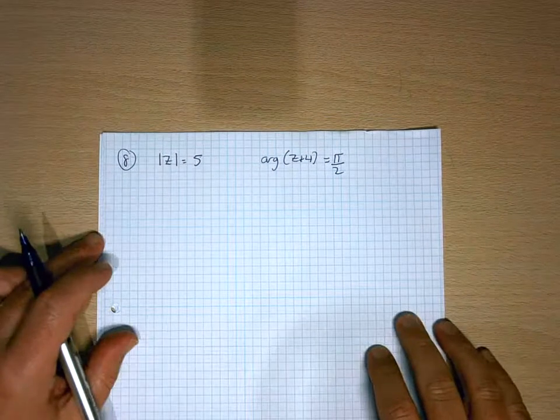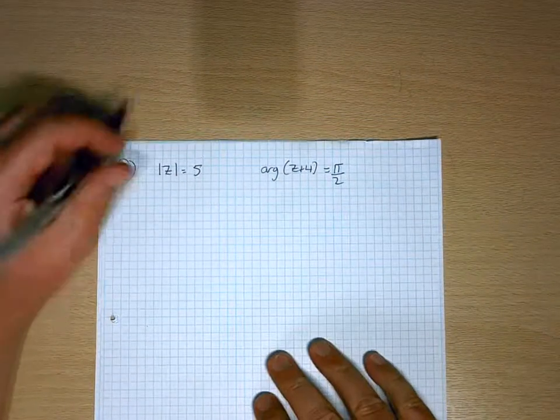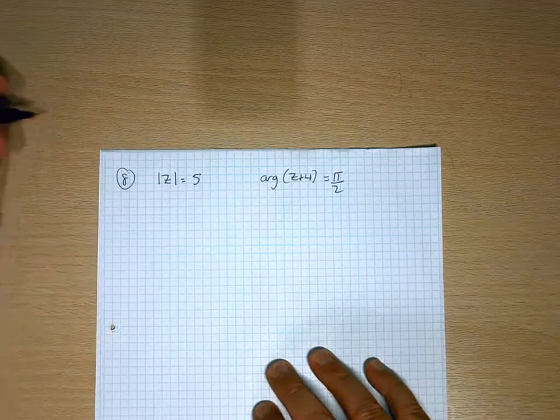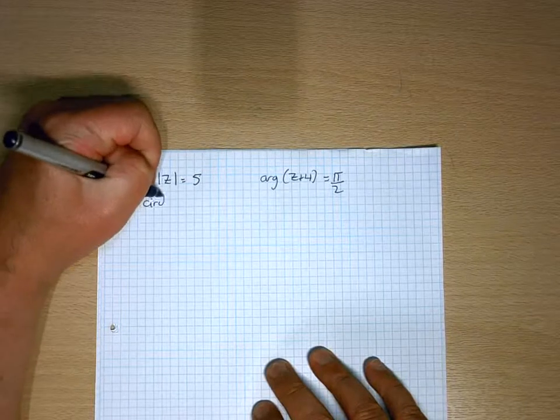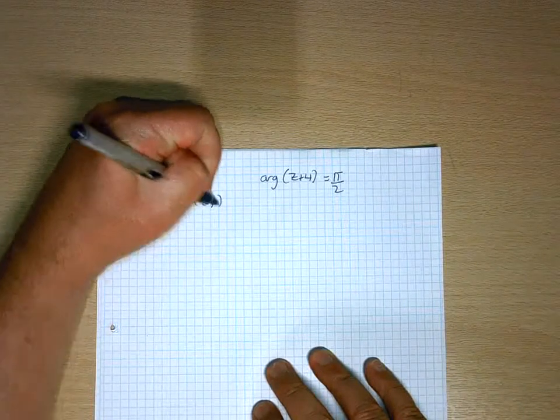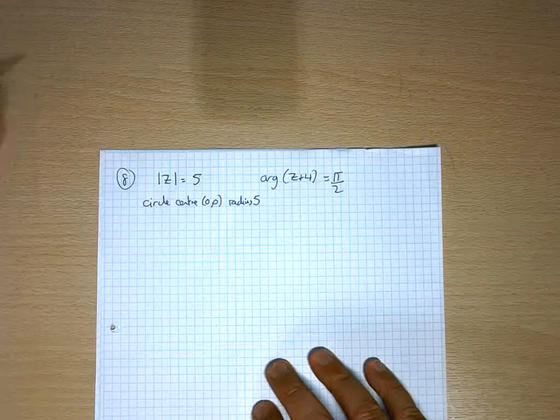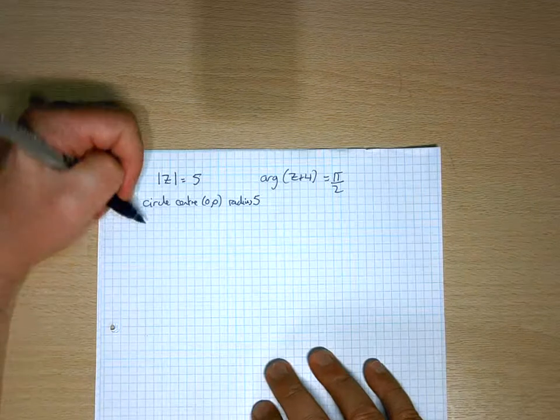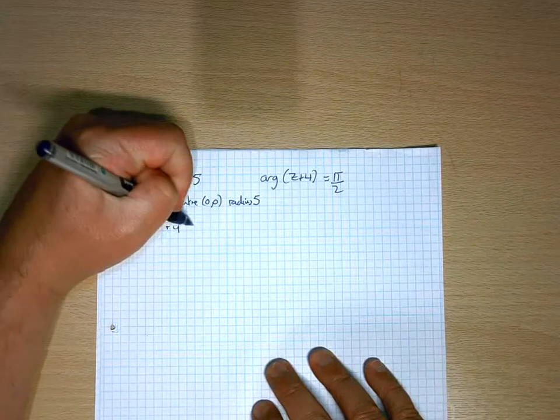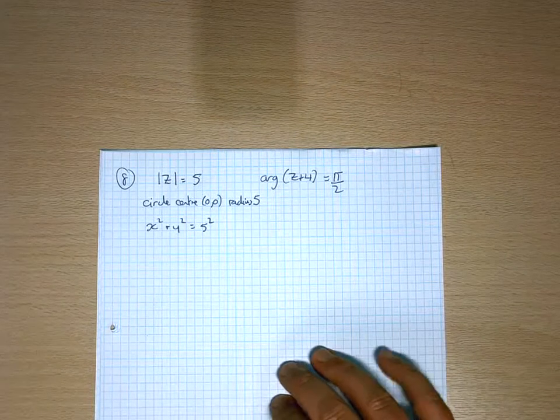Right, so let's work out what those are. You should be happy now that that's going to be a circle, center 0, 0, radius 5. And you should also be happy writing that down directly as a Cartesian equation, which looks like that.